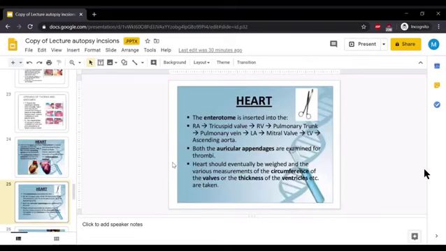The enterotome is inserted into the right atrium, and from the right atrium to the tricuspid valve, right ventricle, pulmonary trunk, and from the pulmonary trunk we proceed to the pulmonary vein, left atrium, mitral valve, left ventricle, and then the ascending aorta.